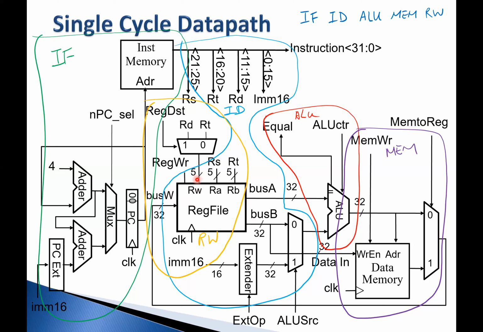So now you have 5 bits to talk about R, right? You have 5 bits, 5 bits, 5 bits, so it depends on the format. If it's I format, you write into RT, so you turn on register destination as 0. If it's R format, you write into RD, right?